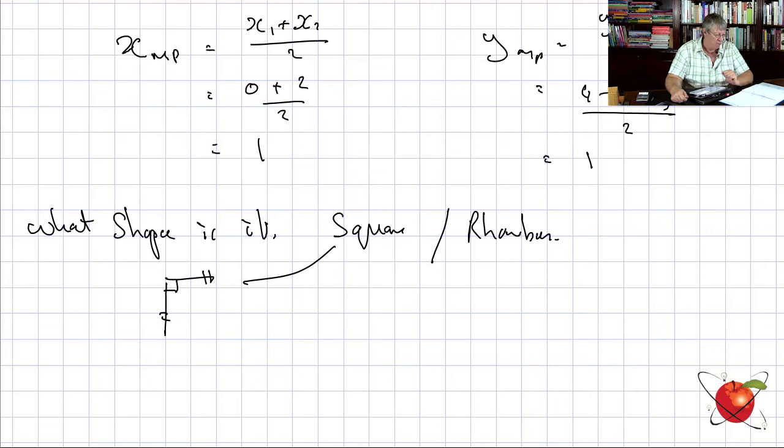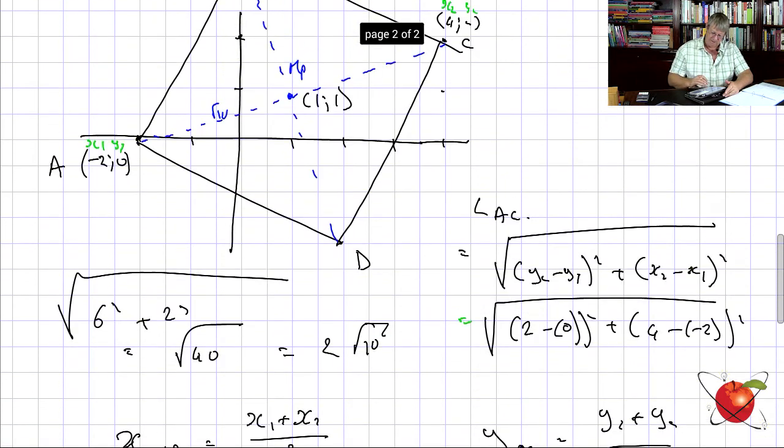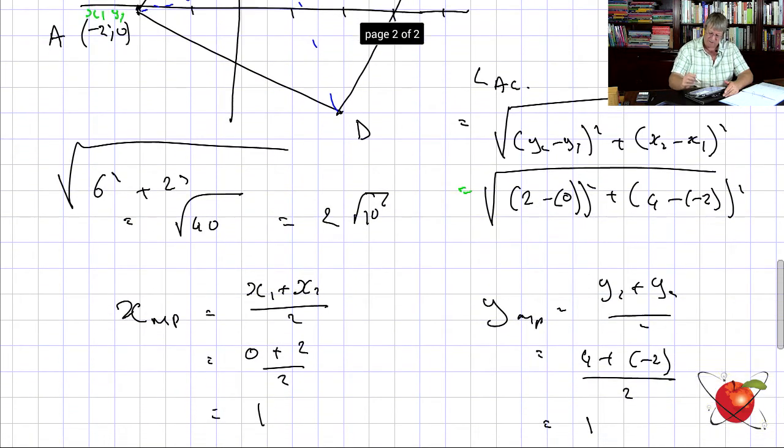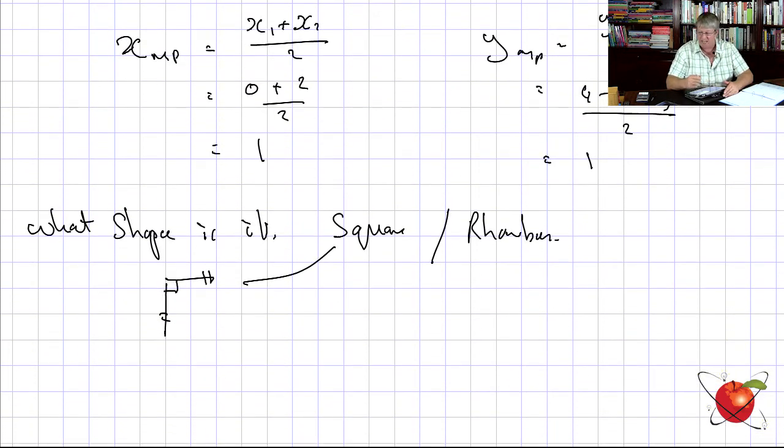Well, what can we know? We know the lengths AB and BC. Let's go and work them out. So you work out the lengths AB and BC, and let's have a look. Let's go and work out some of the lengths, shall we?